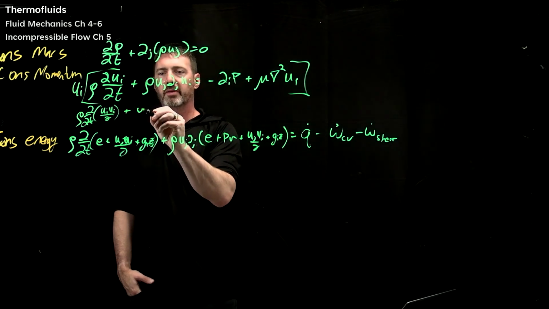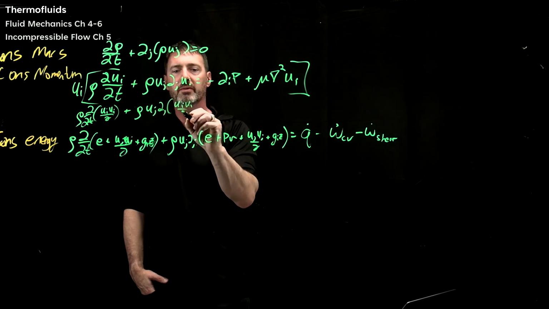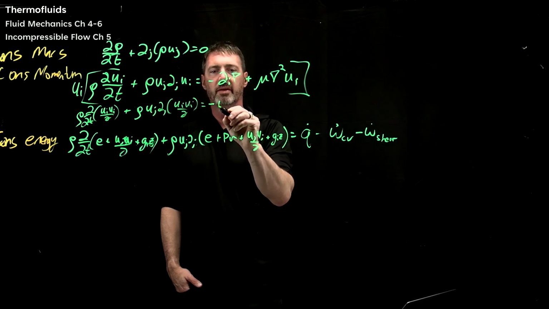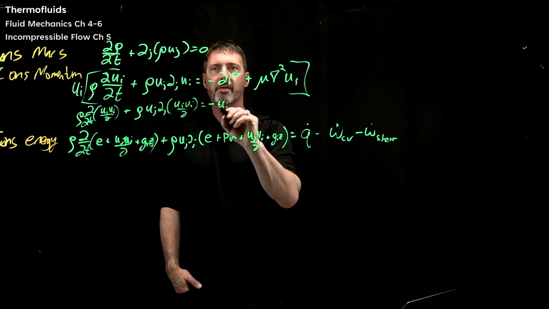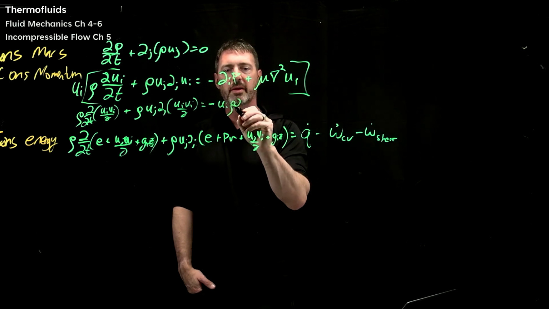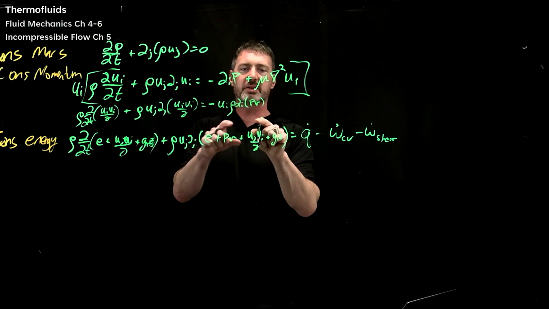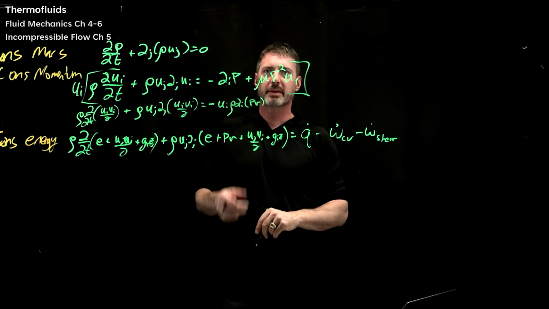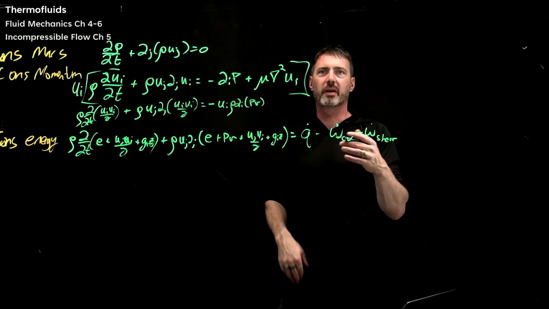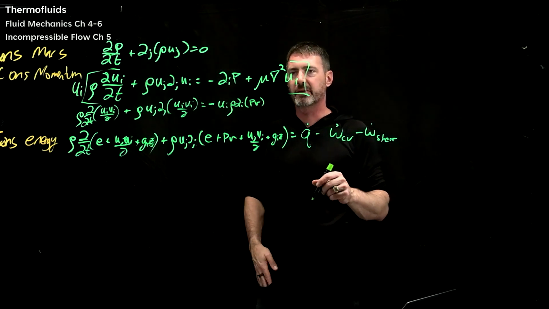Same thing here, plus rho uj del j ui squared over 2, and then minus ui, and I'm going to write this interestingly: rho del i PV. Again, it's incompressible, so I'm allowed to do that. I'm allowed to pull the velocity past the density. This derivation gets a little trickier if it is compressible. There are a few more terms you have to handle, but I'm going to show you just a nice form.